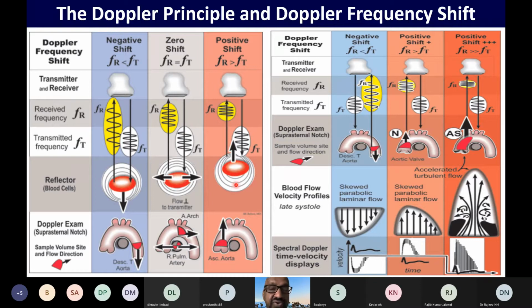This is as compared to if you are measuring the blood here, where the blood is traveling towards the transducer. This is the emitted frequency and this is the received frequency. Because the blood is coming towards the transducer, you get increased frequency. So this is the frequency shift which can give us an idea of, as I said, direction and velocity of blood flow.